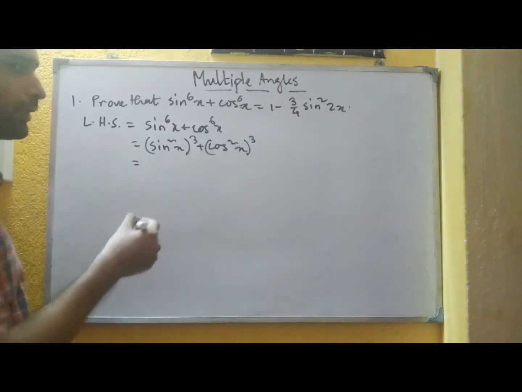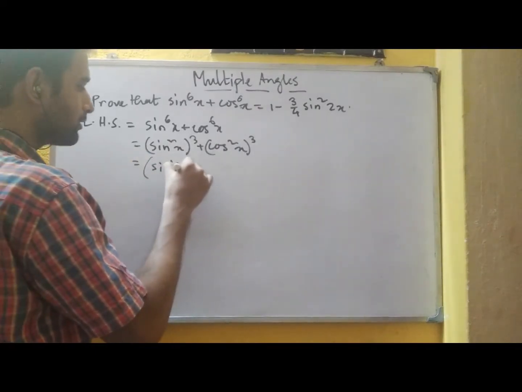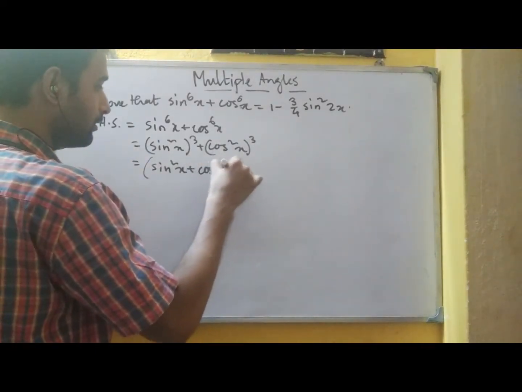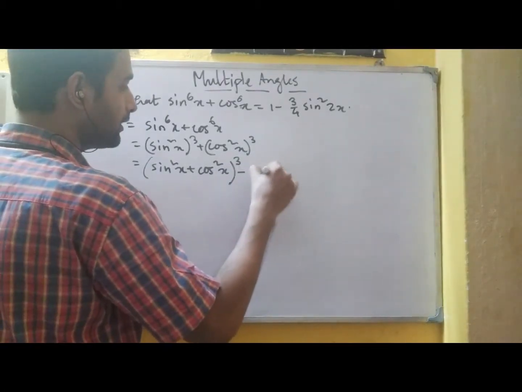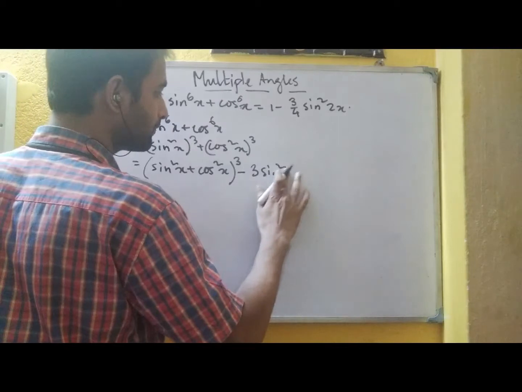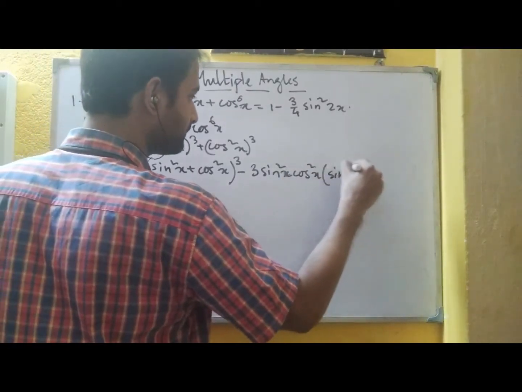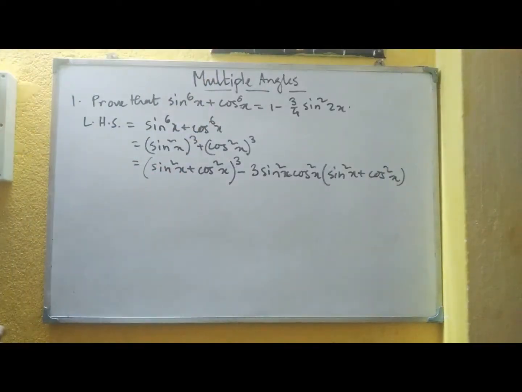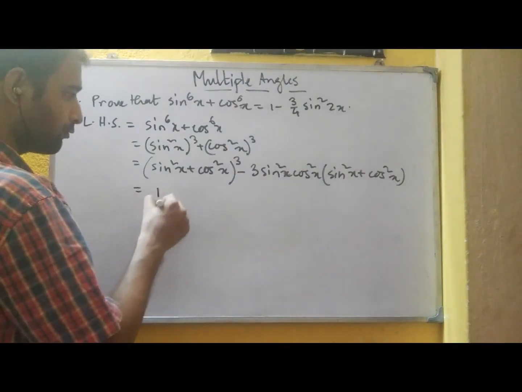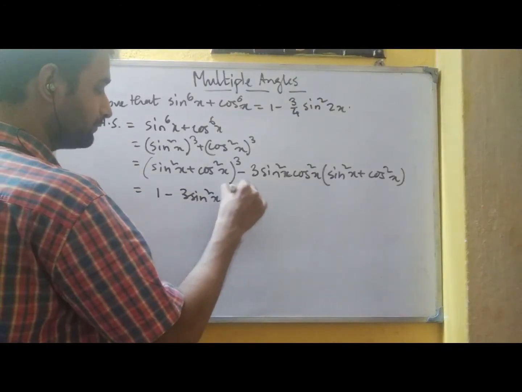When applying the formula for a cube plus b cube, what we are having is sin square plus cos square whole to the power 3 minus 3 sin square cos square into sin square plus cos square. Whenever it is sin square x plus cos square x, for any x it is 1. If we are putting that, it is 1 minus 3 sin square x cos square x.